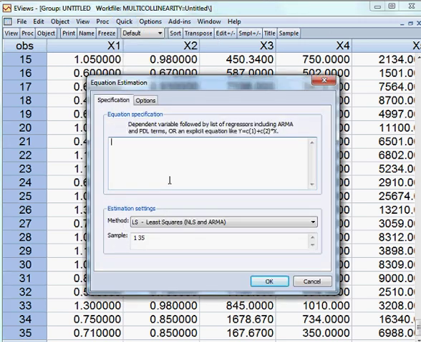First I put y, the dependent variable, c, then x1, x2, x3, x4, x5, and also x6, right? We have all the variables. Y is dependent, x1 to x6 are independent variables, and the sample size is 1 to 35. Then I press OK.